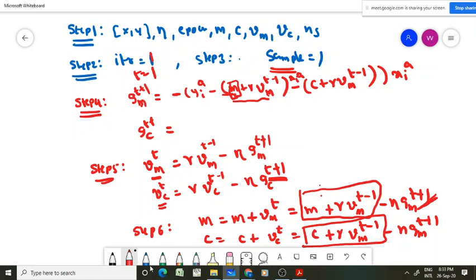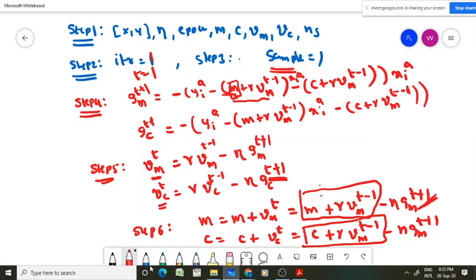So similarly we can calculate GCT plus 1 as minus Yia minus M plus gamma VMT minus 1 into Xia minus C plus gamma into VMT minus 1. That's it. So this is the only change we consider in case of Nesterov accelerated gradient.